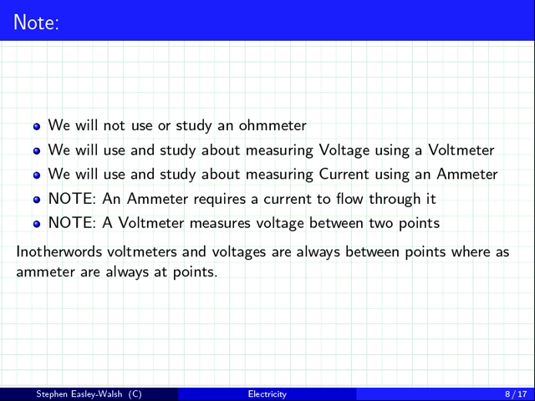The voltmeter can tell you the voltage difference between these 2 points. So for the ammeter, you put it in the current, and the current goes through the ammeter, whereas the voltmeter, you put it outside. If there's a voltage here, you clip either side of the cable.